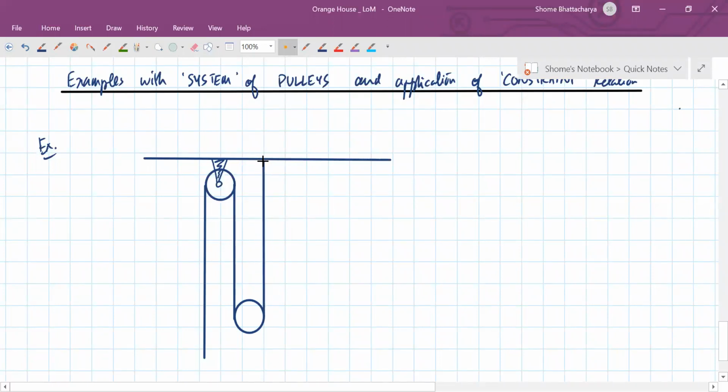And finally, the other side of the thread is attached to the ceiling like this.